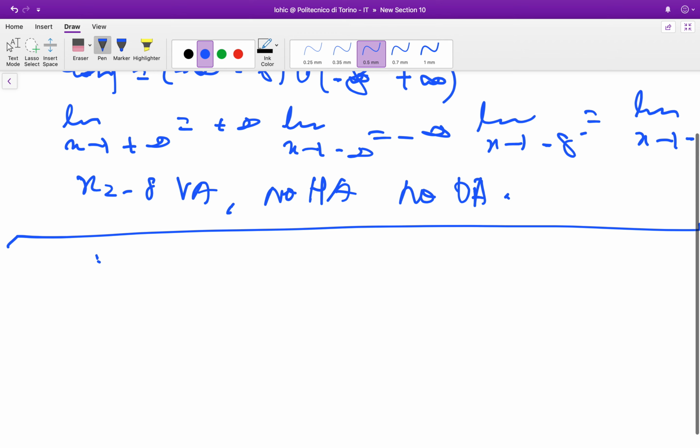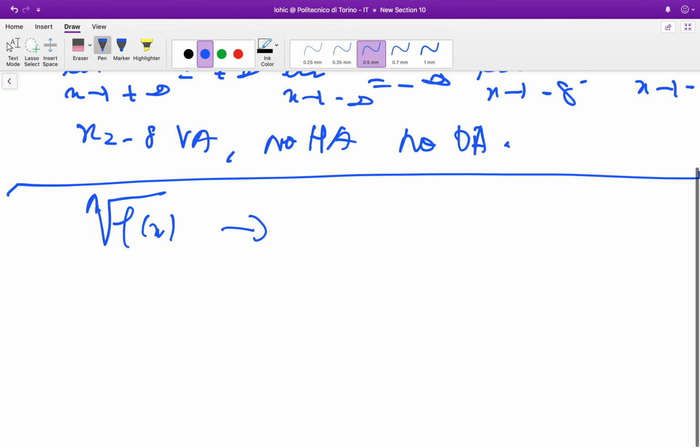Please note, anytime you have the n-th root of f of x, the points where you have to study the differentiability are the roots.